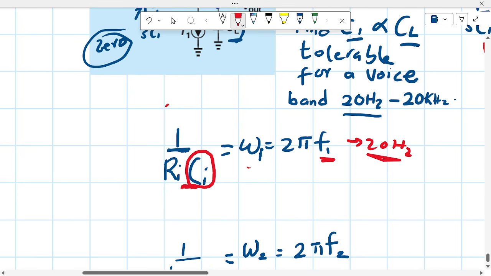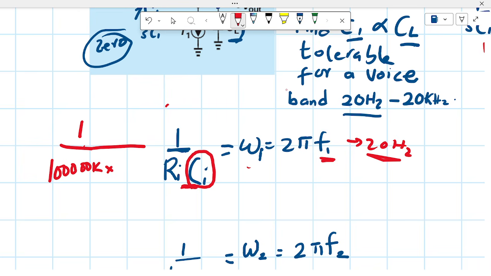All we will do is make R, which is 100 kilo-ohm given in the question, times 2 times pi, times the 20 hertz, should be equal to C1.